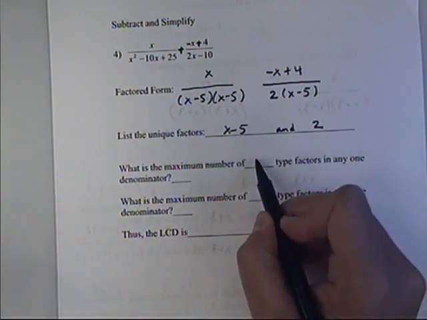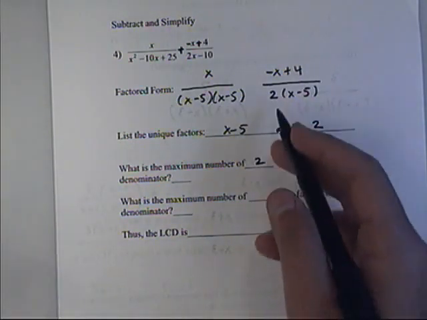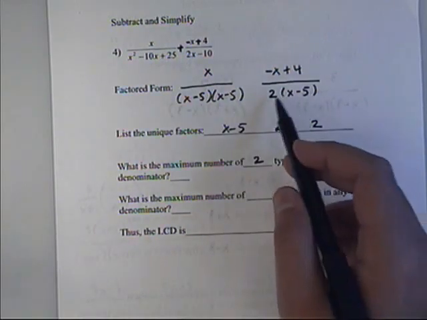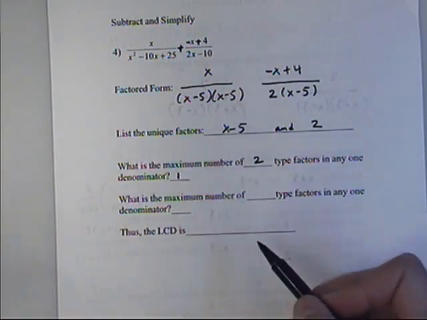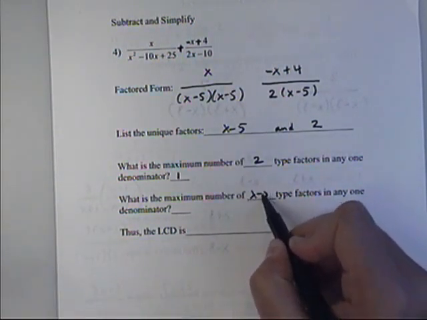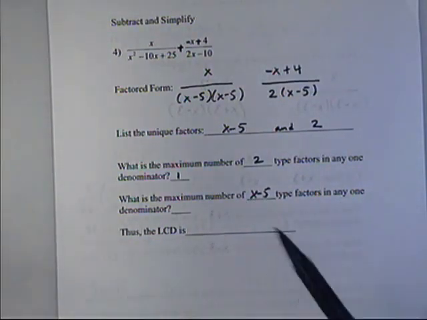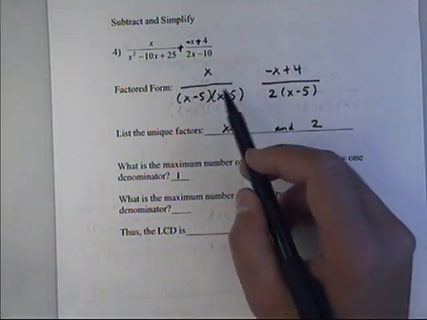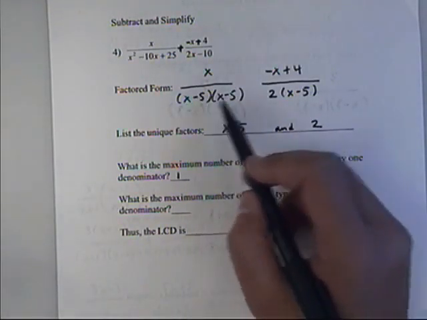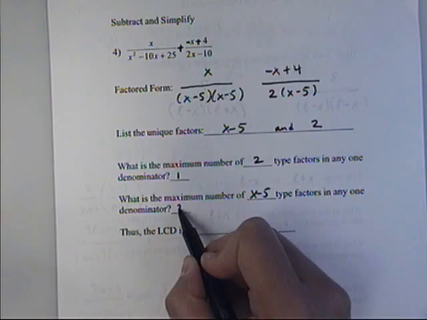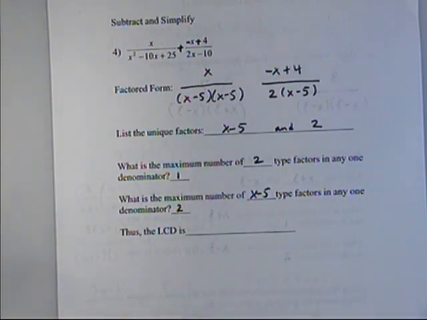So, how many 2's do I have? Well, in any one of these, I really only have just one. How many x minus 5's do I have in any one denominator? What's the maximum number that I would have? Well, I have one here, but I have 2 here. So that's the most that I have, 2 of them in any one denominator.